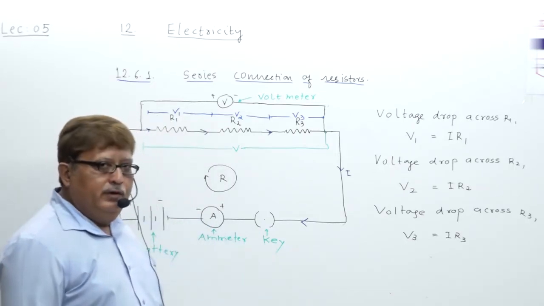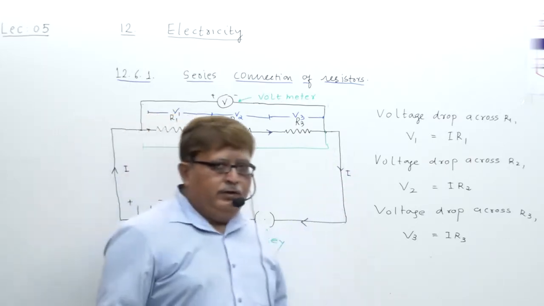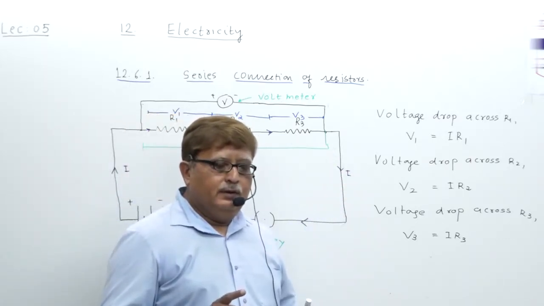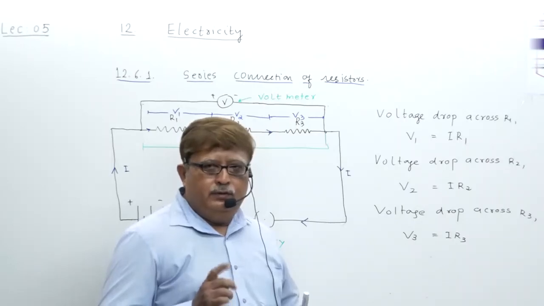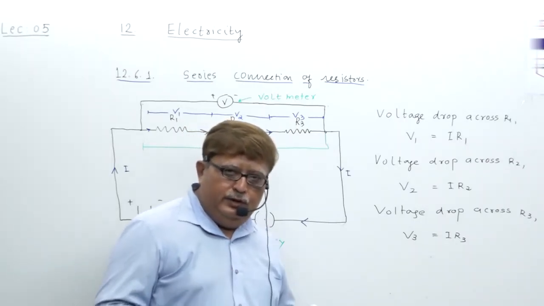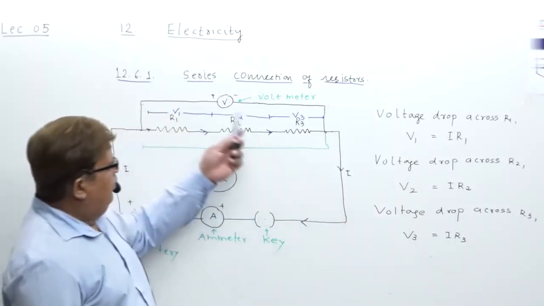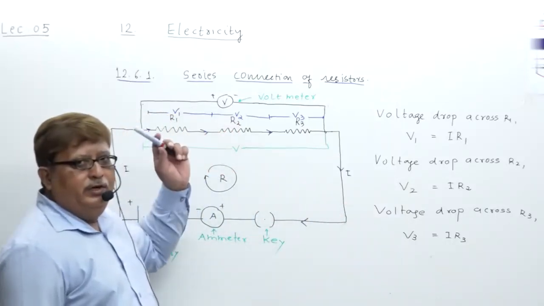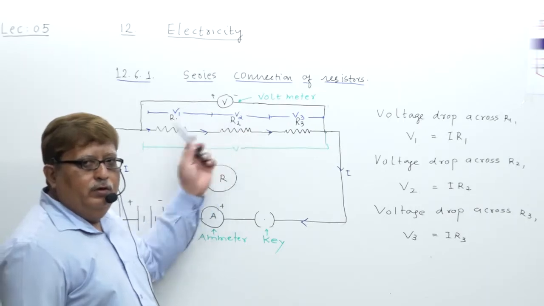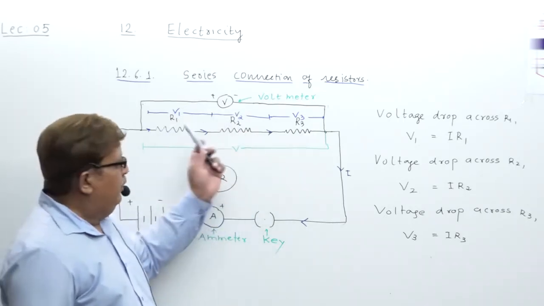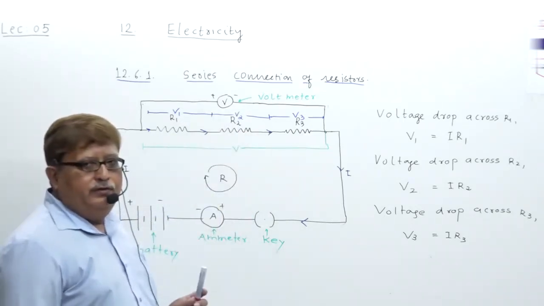Now, my dear student, just try to understand one thing. When you find V1, V2 and V3, and if you add them, it is equal to the reading in voltmeter. That is the overall potential difference across these three resistors.